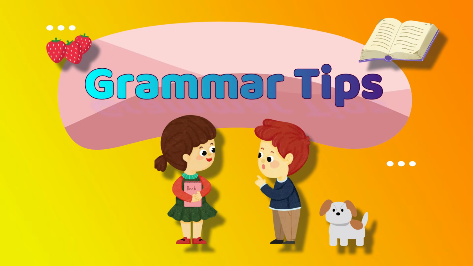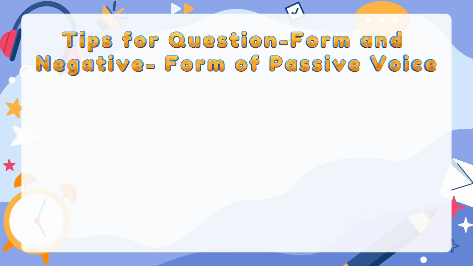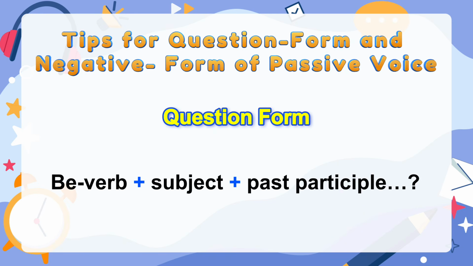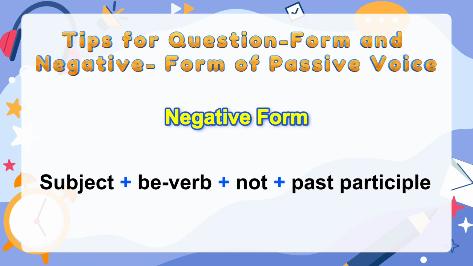Grammar tips. Tips for question form and negative form of passive voice. The question form is be verb plus subject plus past participle. The negative form is subject plus be verb plus not plus past participle.